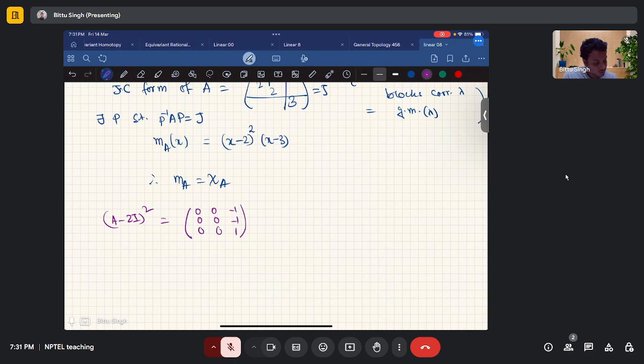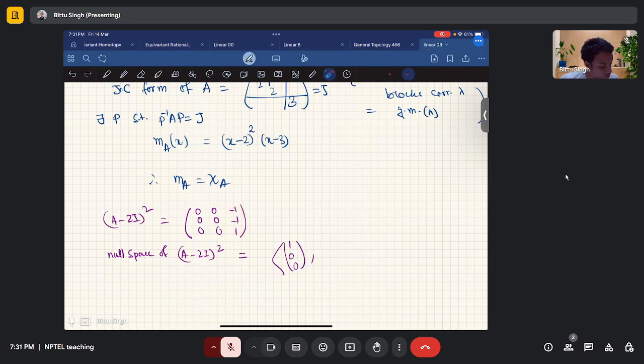Therefore the null space of A minus 2I whole square is generated by two vectors, 1 0 0 and another.